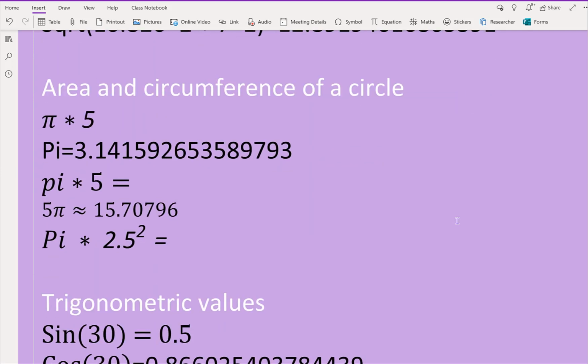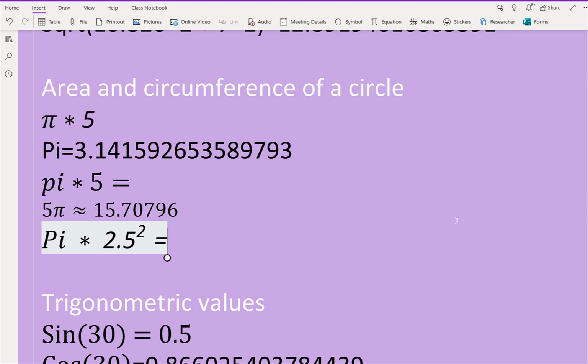So far, so good. And then area and circumference. So this is a typical symbol for pi. I can just use the equation tools again to select the symbol, or I can just put in pi for pi, and then times it by 5. And when I select an action, a mathematical action, it gives me the result here like this.